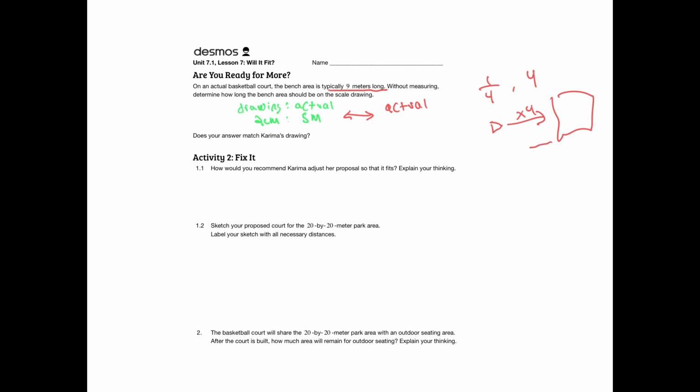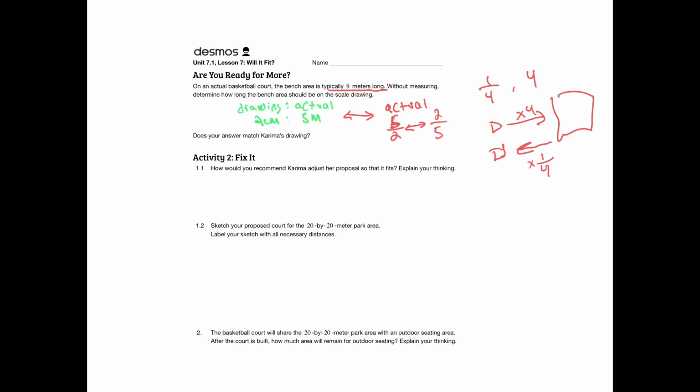And if we want to go the other way, we would do the opposite of multiplying by 4, which is multiplying by 1/4. We're going to do the same thing here. We're going to use the reciprocal. So our actual scale factor was 5/2, but now we're going to do the reciprocal, which is 2/5.